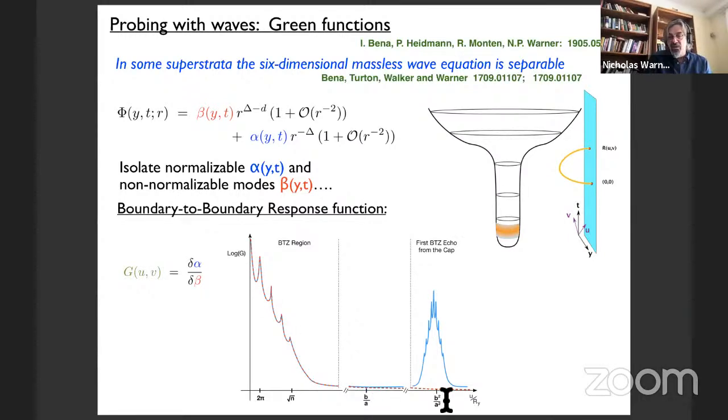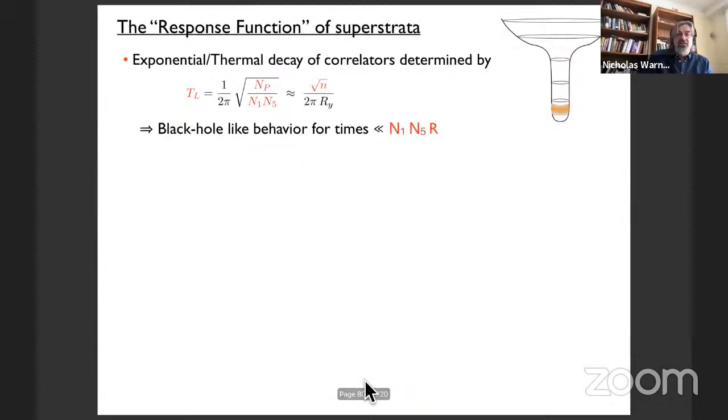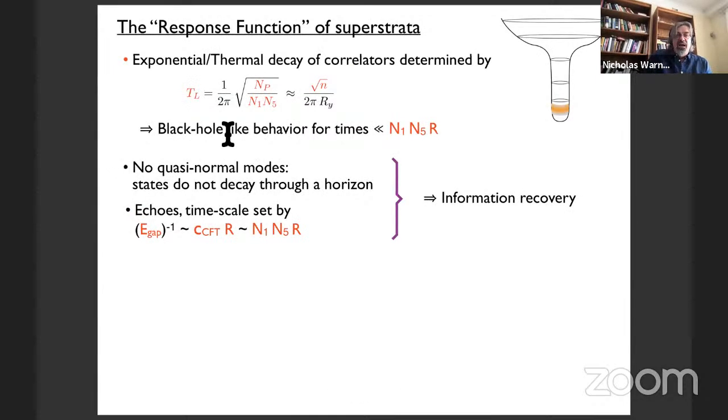And then a long time later, B squared over A squared, this M1 M5, it returns with a sharp, perfect echo. So when you do these boundary to boundary correlators, which you can do explicitly, you find the thermal decay that you would expect with at least the left moving temperature in the BTZ throat. I think Ben might say more about this in his talk on Friday.